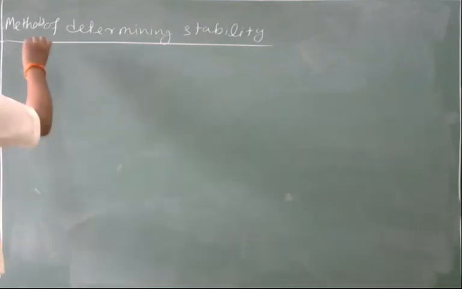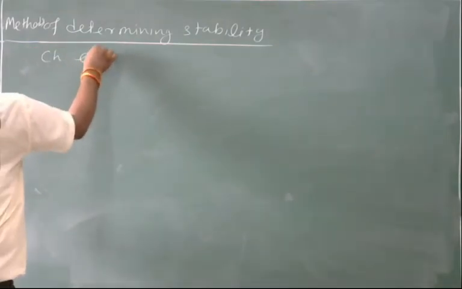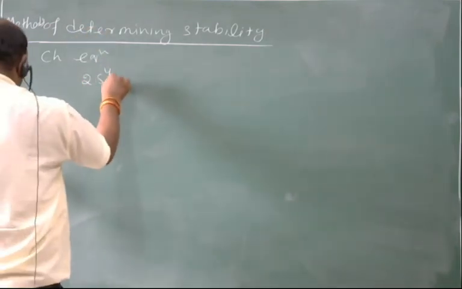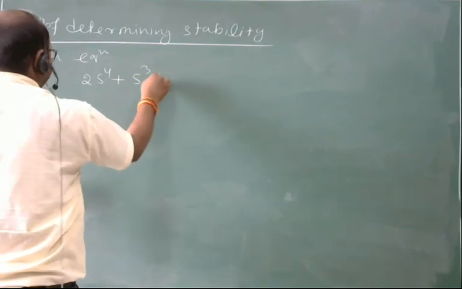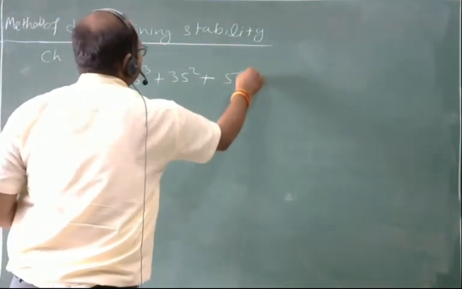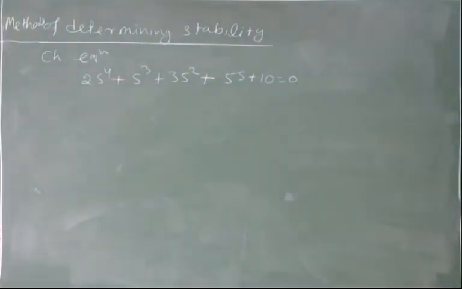So we have the characteristic equation as 2s^4 + s^3 + 3s^2 + 5s + 10 = 0. I have this characteristic equation and I have to check whether the system is stable or not.